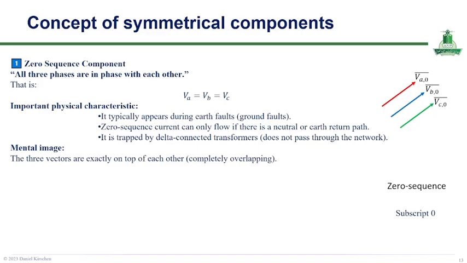Without a neutral or grounding path, this current cannot circulate. Additionally, in power systems with delta-connected transformers, zero sequence components are contained and do not propagate through the network.